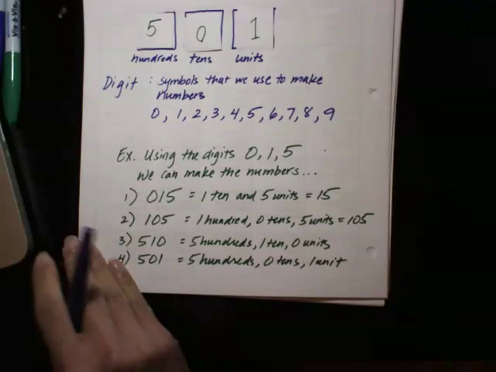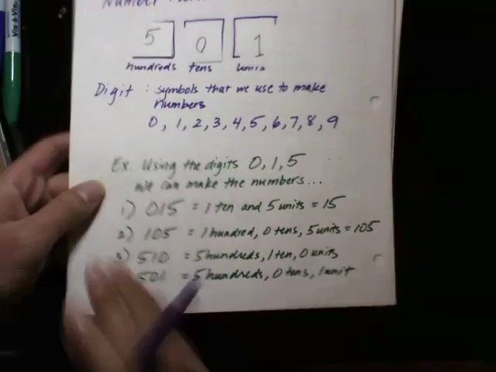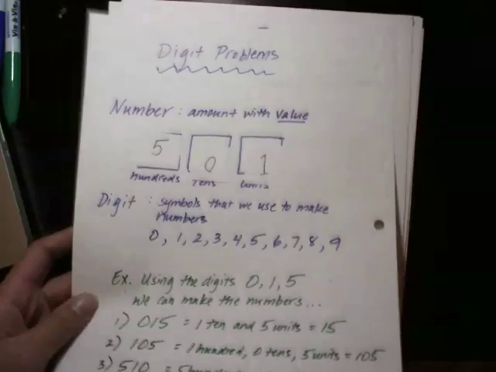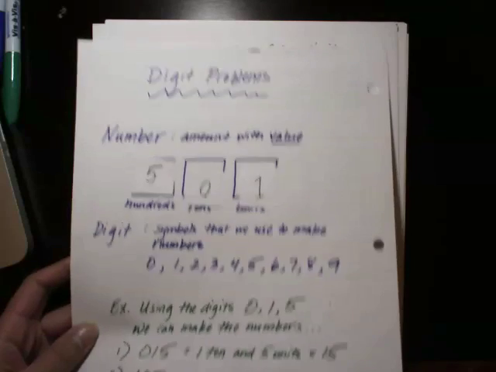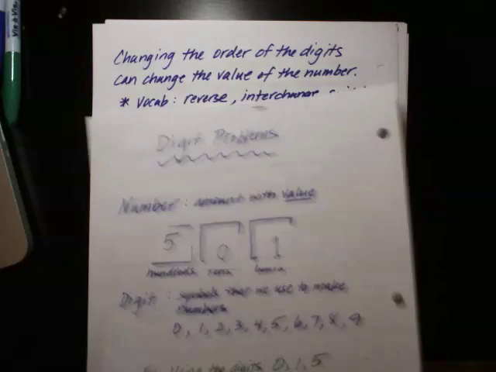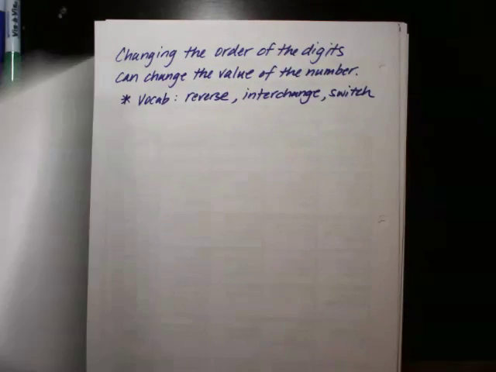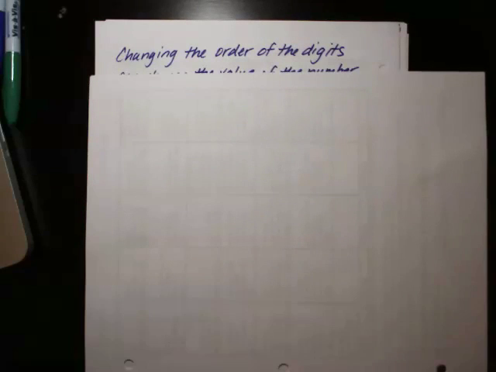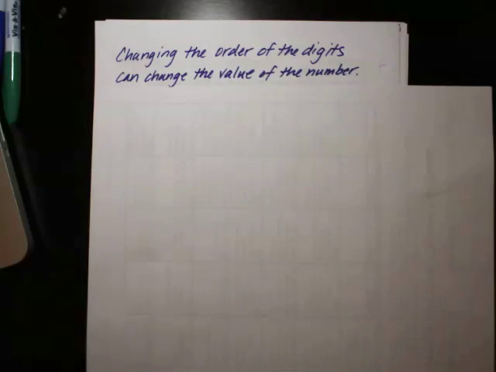Okay, now that we understand the difference between that, we talk about some more vocabulary. What happens when we change the order of digits? Well, changing the order of digits, we said, can change the value of a number. And in these problems, I want to highlight some vocabulary words that you might encounter because it will cue you to change the order of your digits.